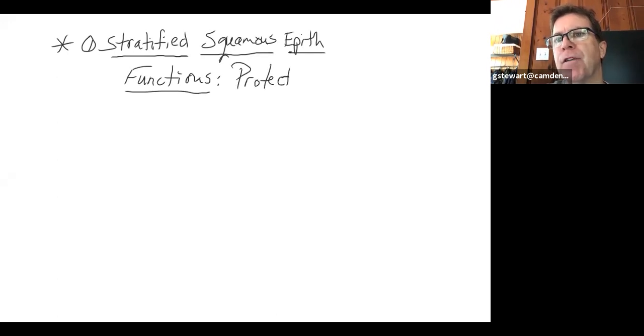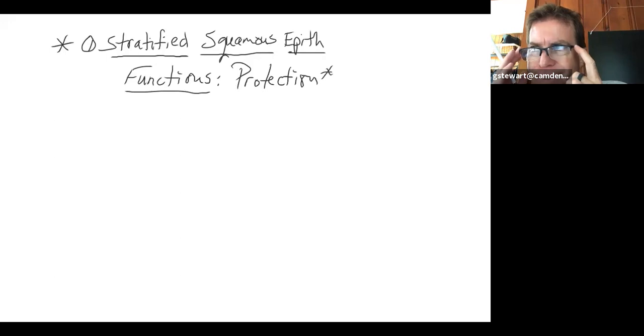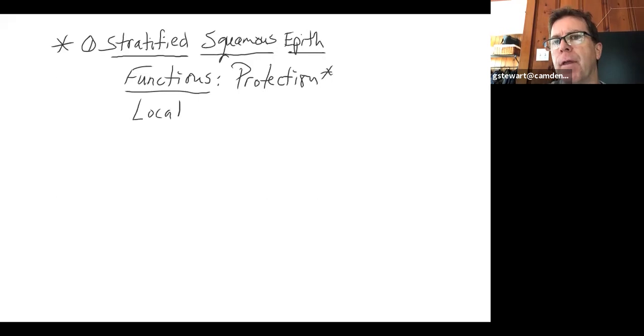That's its biggest function, its main function. And the reason is because we find this tissue at entrances and exits of the human body. So any area of abrasion, we find this. The list is much longer than I'm going to give you. I'm just going to give you some examples.